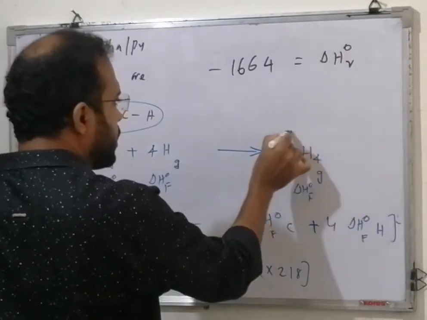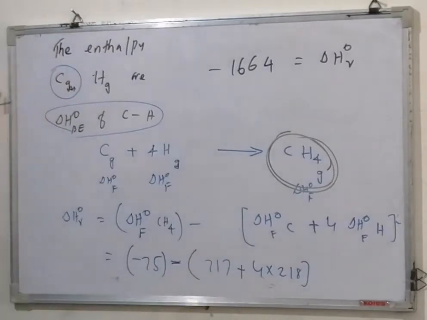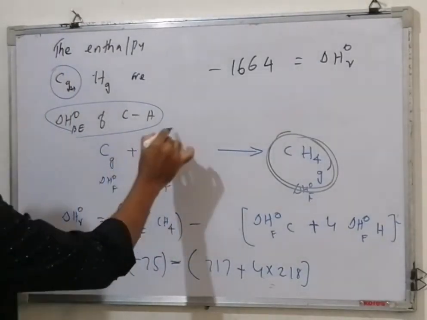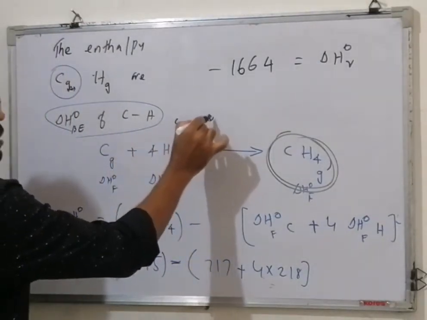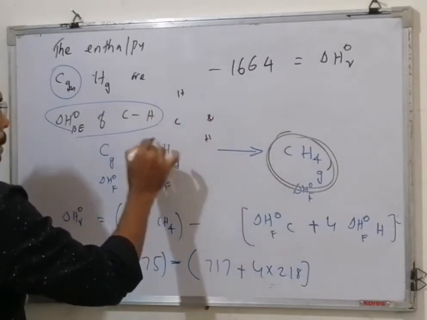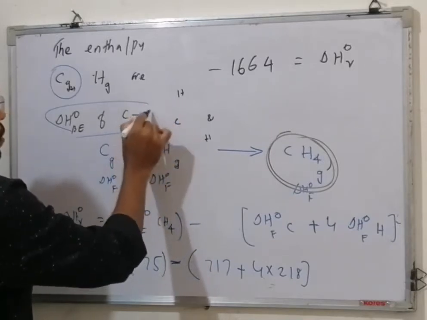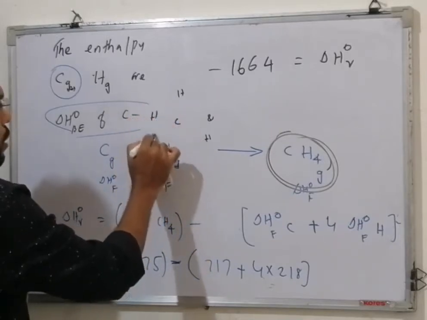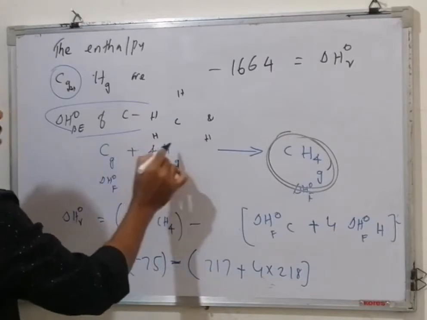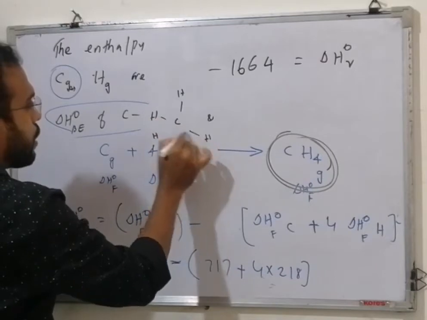What is the reaction? In this reaction, CH4 is formed from a carbon and 4 hydrogen. In this formation, 4 bonds are formed. Am I correct?